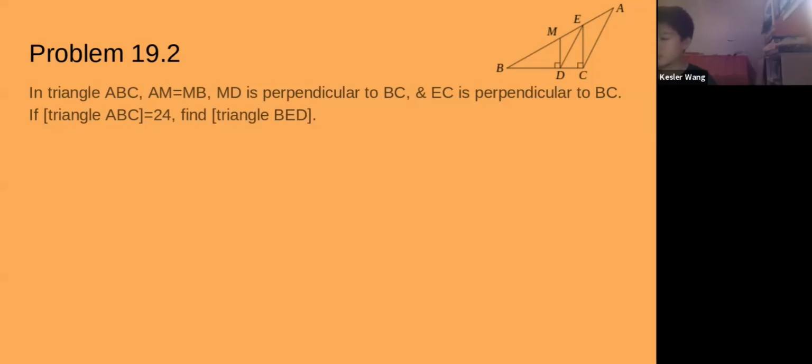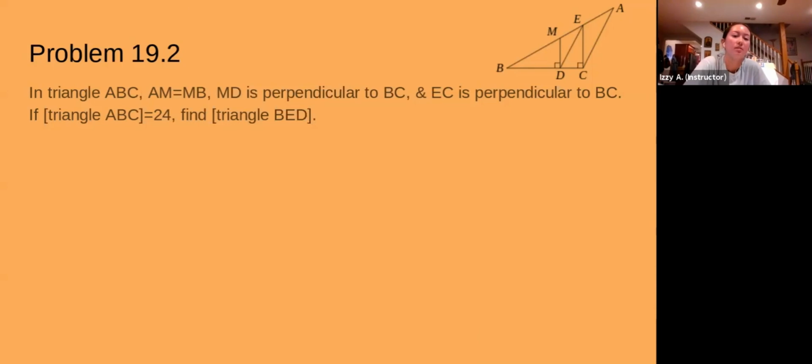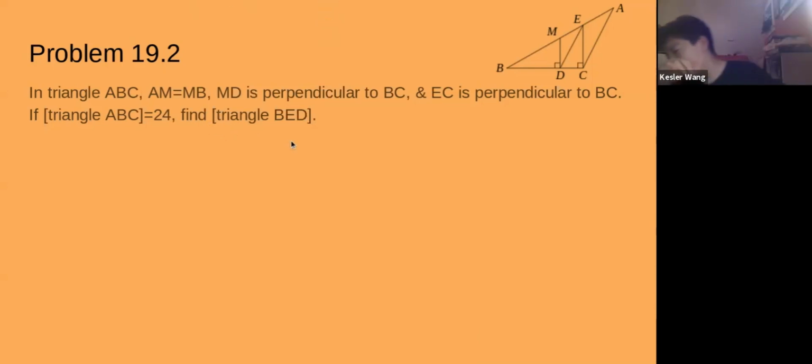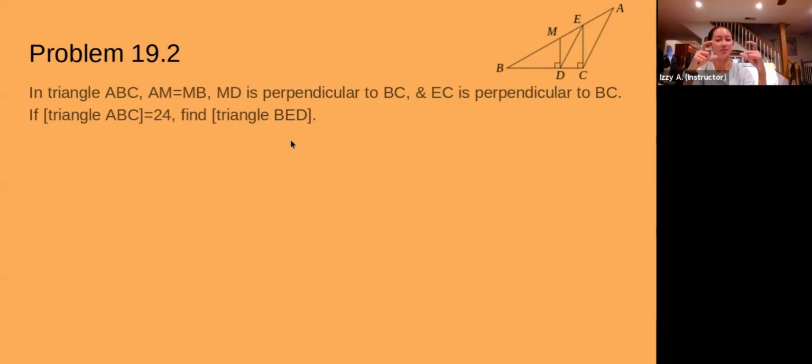I have a question. What do they exactly mean by find triangle BED? Do they mean like find the length? The area. Oh. Yeah. Or remember the brackets? If there's a bracket around, for example, triangle BED, then that means that you want to find the area.